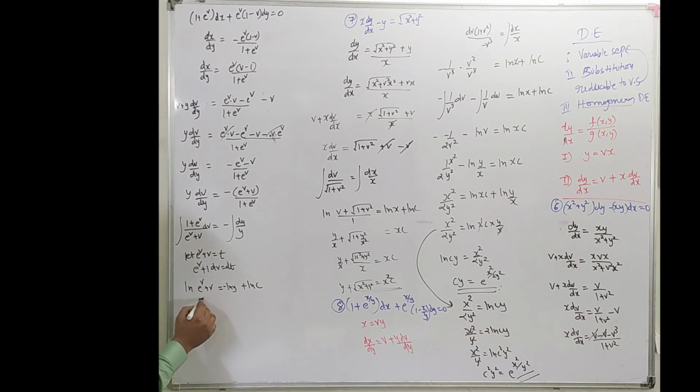So e to the power x upon y plus x upon y, this would be minus c by y, this will be. So y dot e to the power x by y plus x is equals to c. So this is the solution of this differential equation.